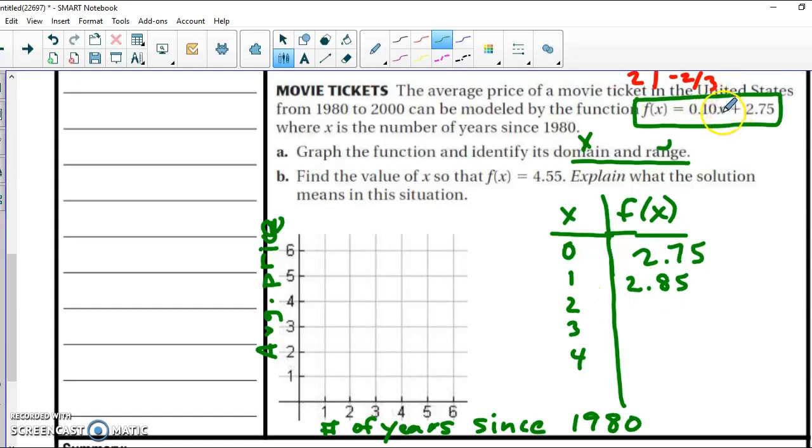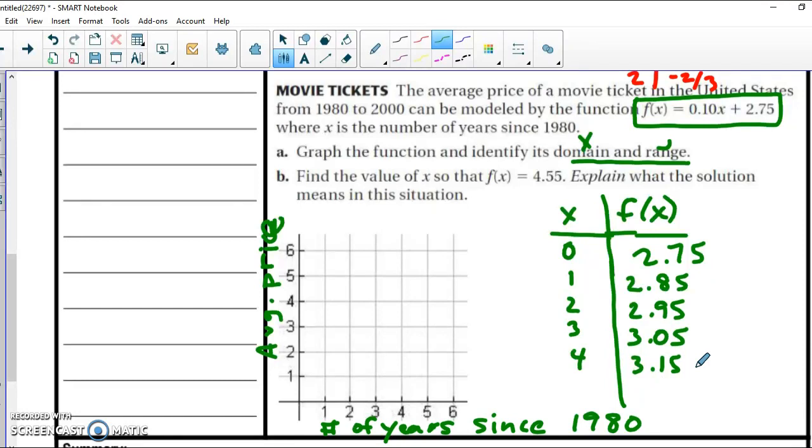If I put a 2 in here, that gives me 20 cents plus 2.75 is $2.95. If I substitute 3 in, that gives me 30 cents for a total of $3.05. And if I substitute 4 in here, 4 times a tenth is 40 cents, and 40 cents plus 2.75 is $3.15.